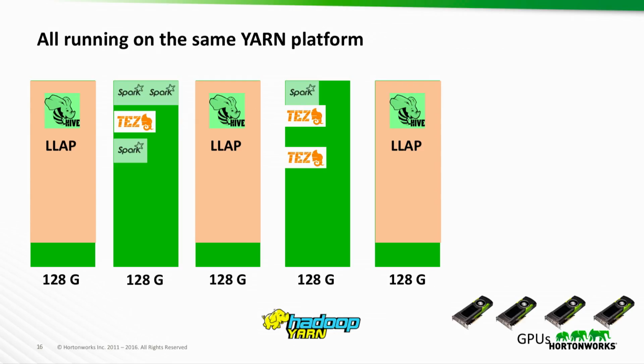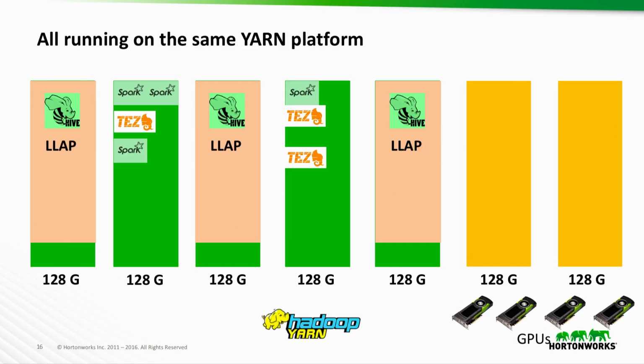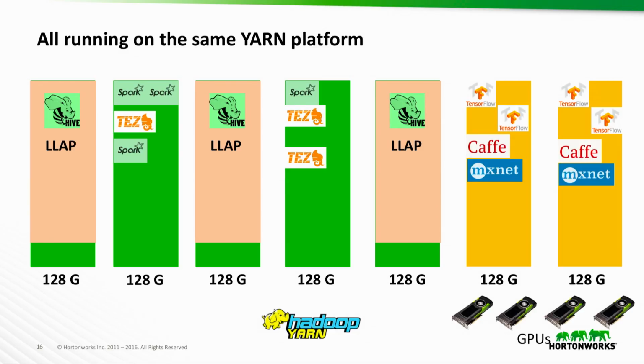Then we can have some new budget to buy some GPUs for the cluster. We add some GPU nodes, and we can add these nodes to Yarn to let Yarn manage them. And on top of that, we can run TensorFlow, Caffe, and MXNet to consume the GPU resource.